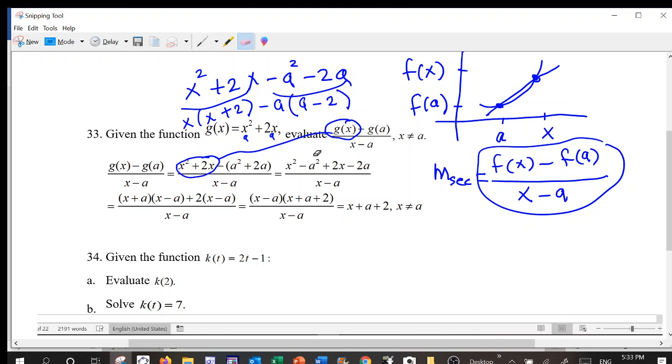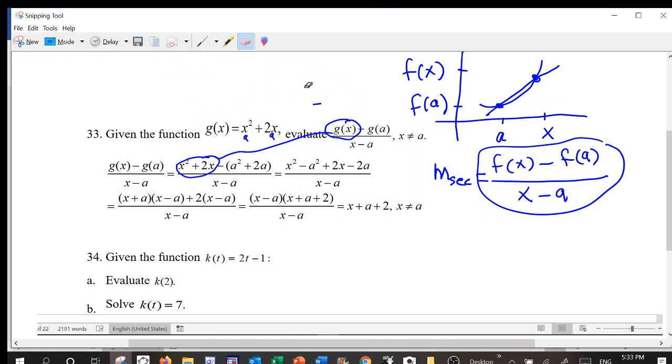If we multiply by something, we can factor it. So let's see what we can do here to factor it. Let me erase all this.